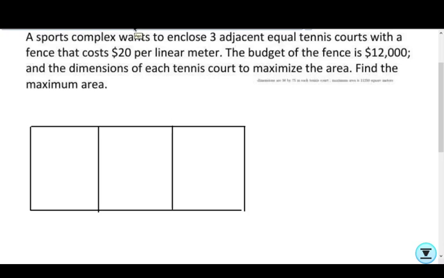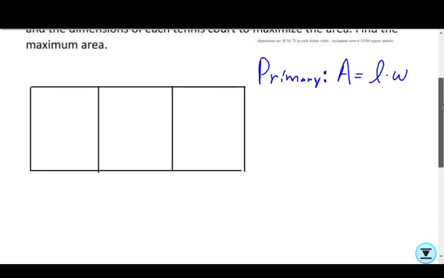So what is our primary equation? In these optimization problems, we have our primary equation. That is whatever we're optimizing. In this case, we're optimizing area, since we're doing length times width. Now, what is my secondary equation?